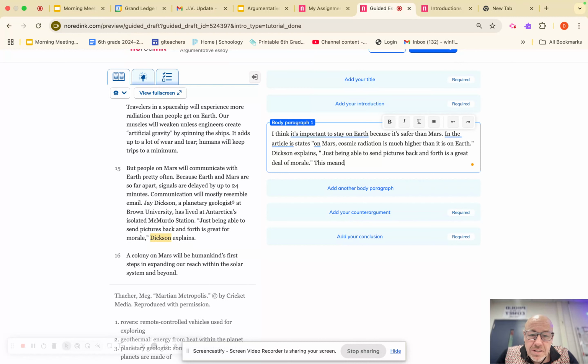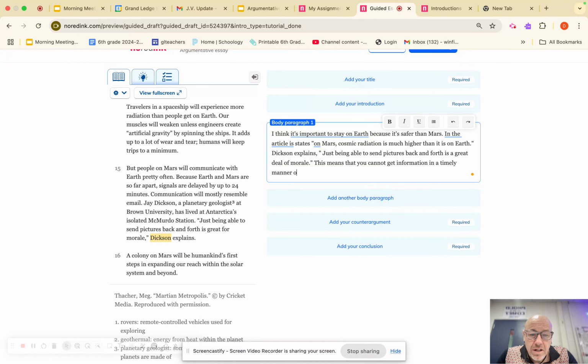This means that you cannot get information in a timely manner on Mars, and I like to watch news daily and talk to friends daily.